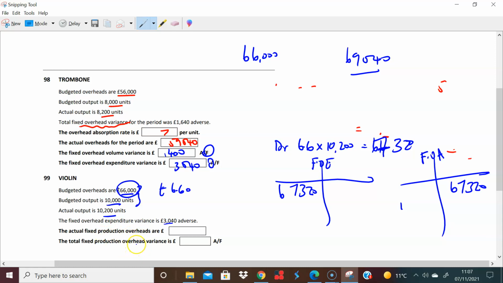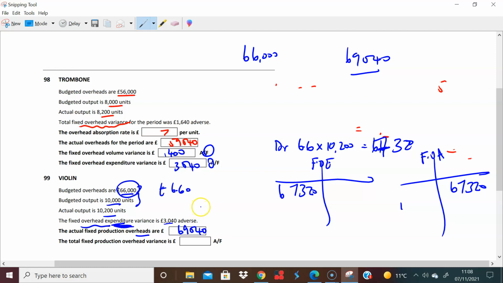The fixed overhead expenditure variance just means the difference between the budget and what actually happened. That's all. That's just the language for that. So that's 3040, so the actual fixed overheads were 69,040.